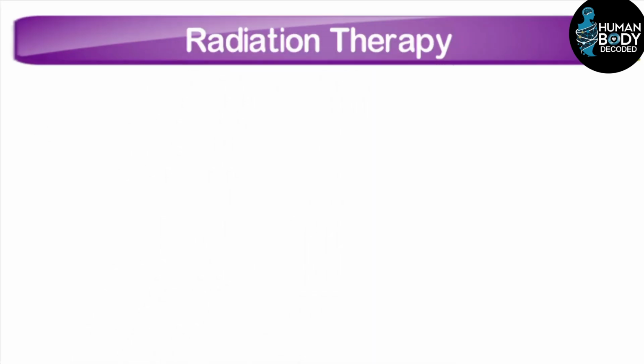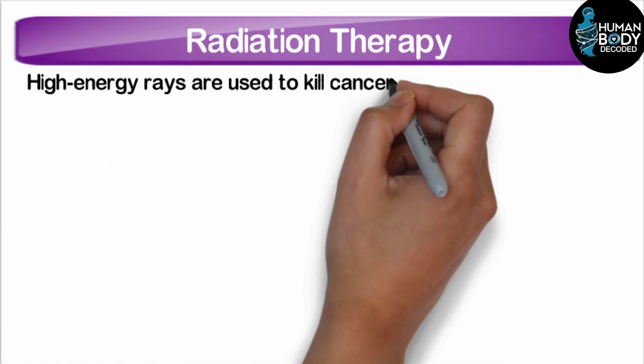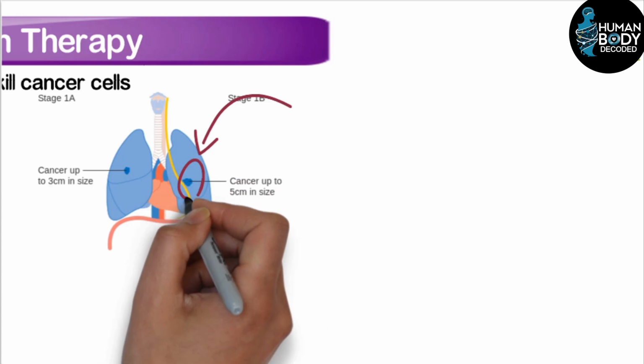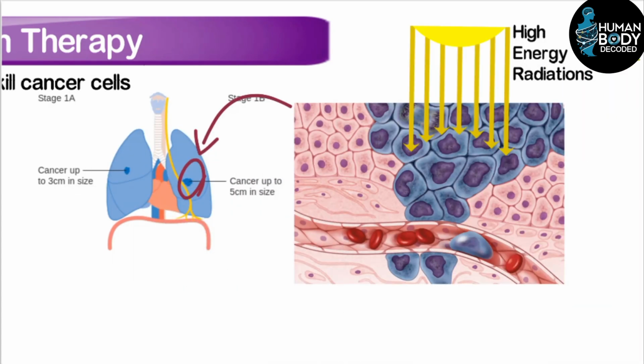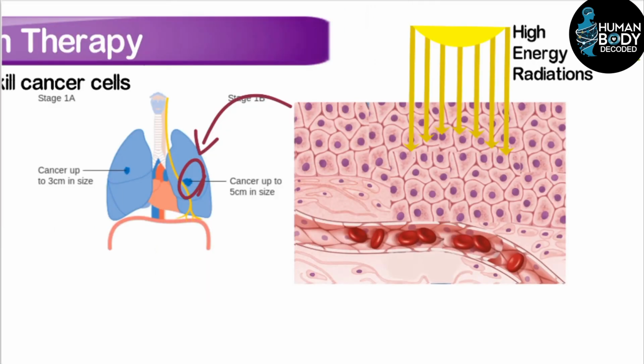The second treatment is radiation therapy. In it, we apply high energy rays to the cancer cells where they are located. We do high radiation therapy there, and those rays either kill those cells or stop them from growing and dividing.